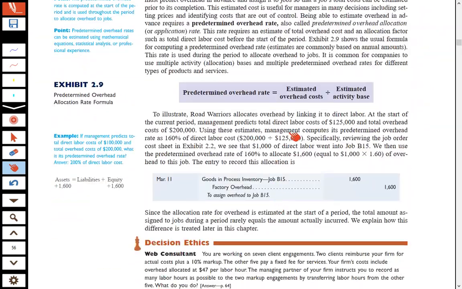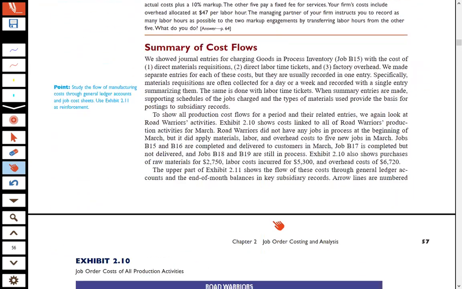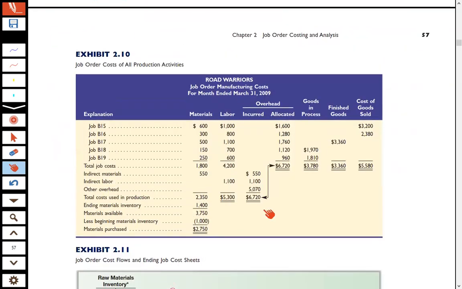Yes. Okay, this predetermined overhead rate we will learn in activity based costing, so I am not discussing it here now. Summary of cost flows, this is the summary or the example, we may say the master cost sheet for all the jobs. Now see, we have the jobs we have in hand.